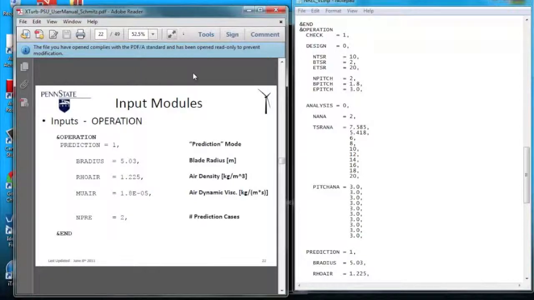The prediction mode is really the practical engineering mode, because here you specify physical blade radius. This is again an example of the phase 6 rotor, 5 meter blade, the air density, the dynamic viscosity of the air, and the number of prediction cases.